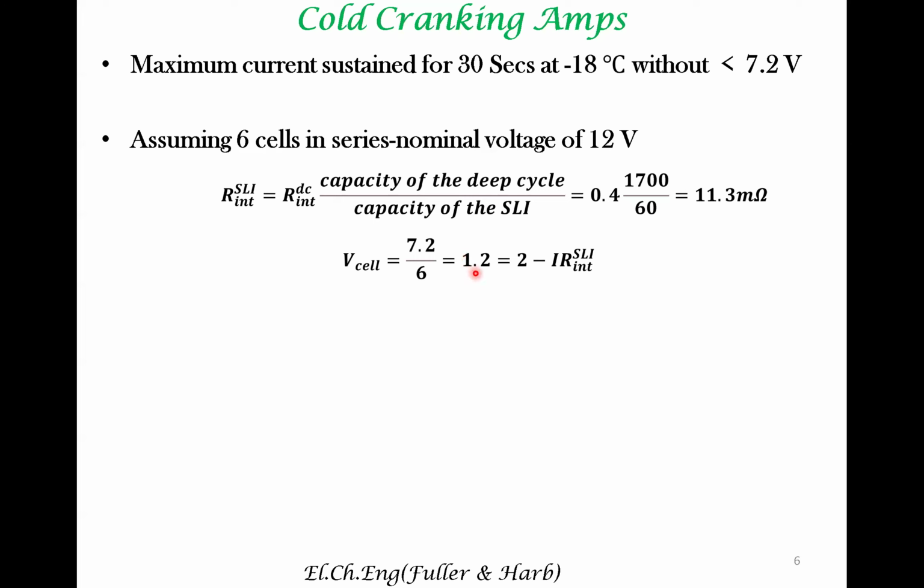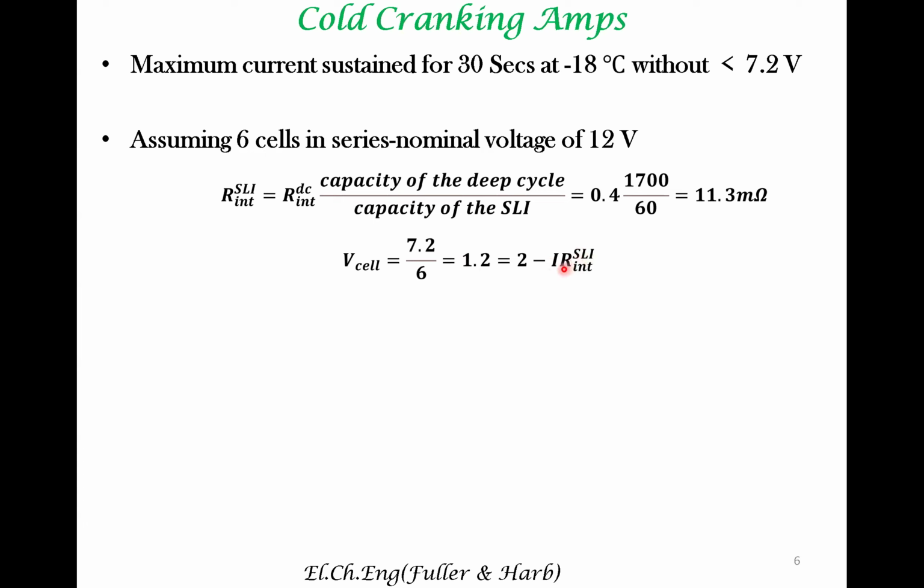Okay, so once you have this, what is the useful information you can obtain? You substitute here. 1.2 is 2, that is nominal voltage, minus the ohmic drop. This is the dominant voltage loss because it is ohmically limited.